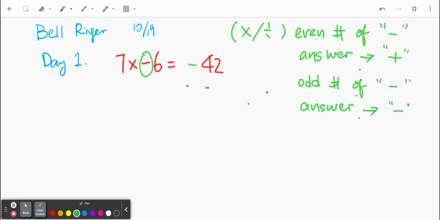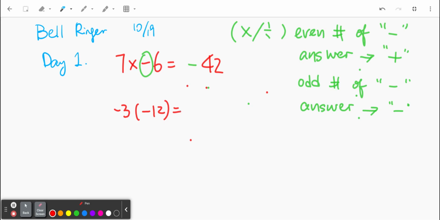So question number 6. Question number 6, you have -3 times -12. Okay? Whenever you don't have a sign there means multiply. So, first of all, Fabian, this question, number 6, the answer should be positive or negative?